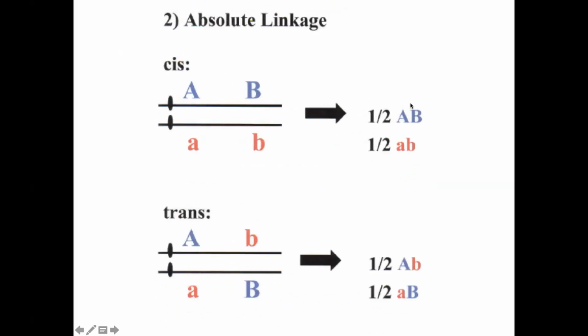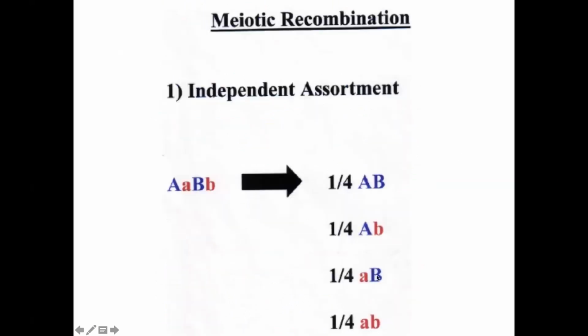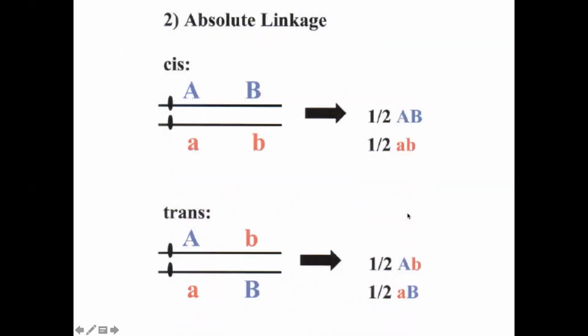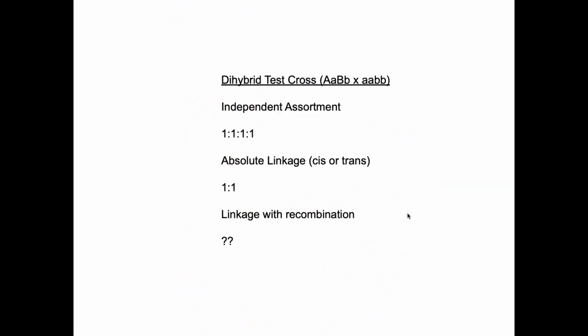Here are the 5 different scenarios that I've described. So with independent assortment, again, the dihybrid individual will produce 4 different gametic types with equal frequency. The homozygous recessive individual can only produce 1 gametic type. They're homozygous. All of the gametes, 100%, are going to be little a, little b containing.